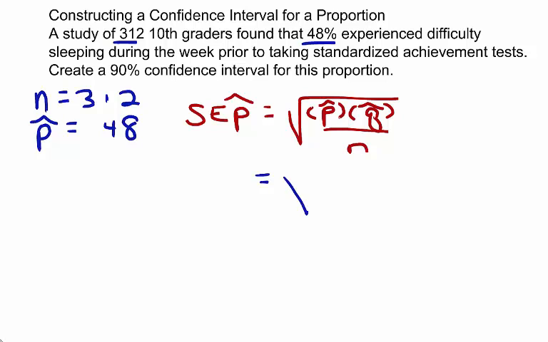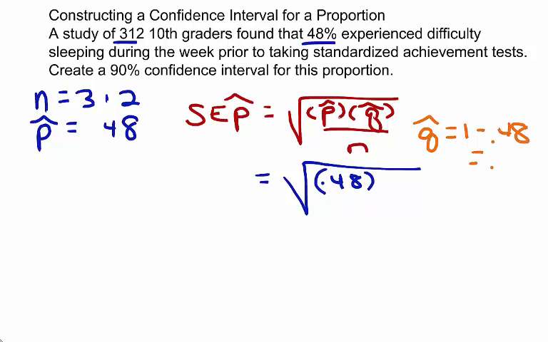Now we know that p hat is 0.48. Q hat is the complement to p hat. So if the sum of all probabilities in a given sample space is equal to 1, and we know that p hat is equal to 0.48, q hat must be equal to 1 minus 0.48, which equals 0.52.